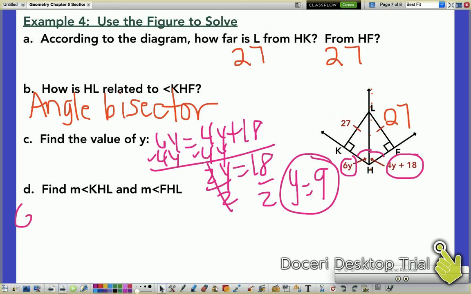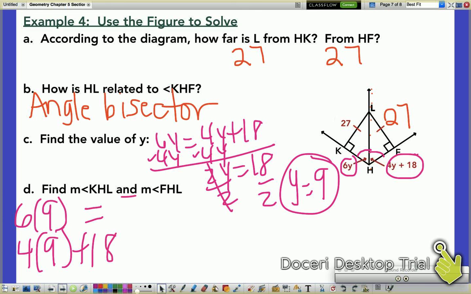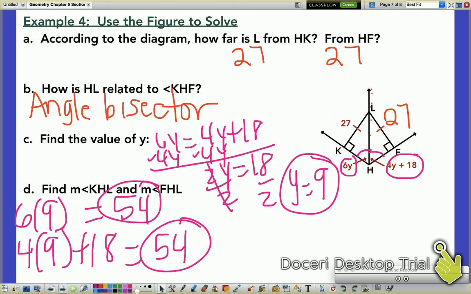So 6 times 9 and 4 times 9 plus 18. 6 times 9 is 54. 36 plus 18. So each of these angles here are 54. Like I said, this section is pretty easy. Basically, you're setting these equal to each other.